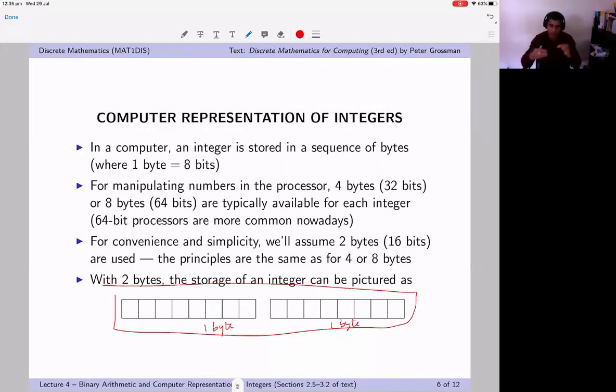In other words, the total bits available are 16 bits. Naturally you would think, what if my number is negative, or what if my number is positive? That means we have to keep in mind how it's going to handle such a number.